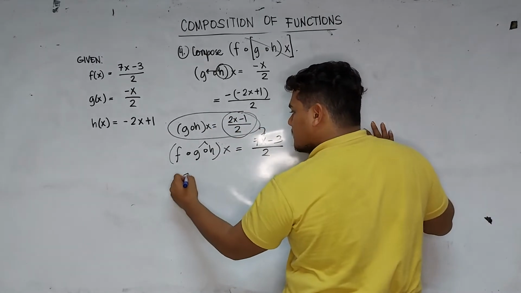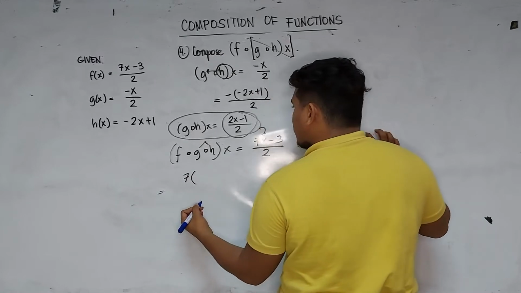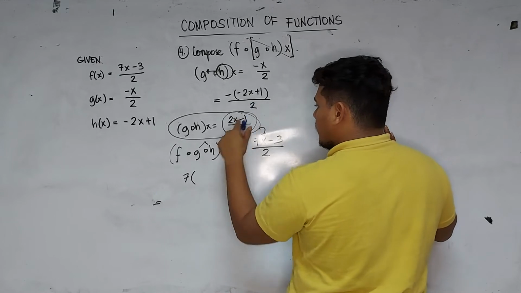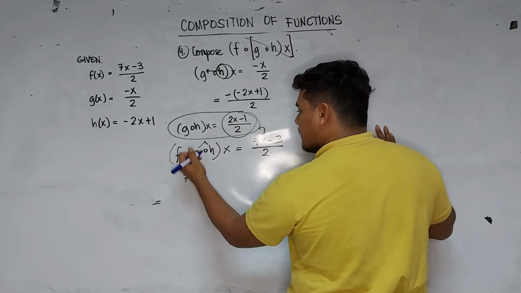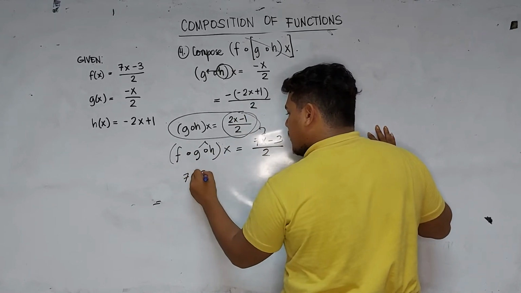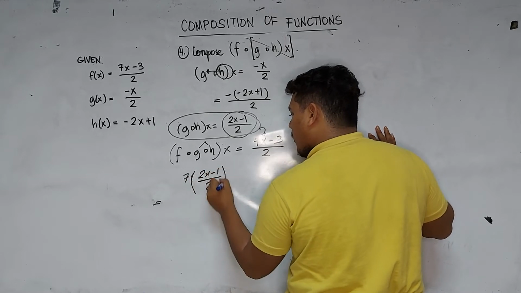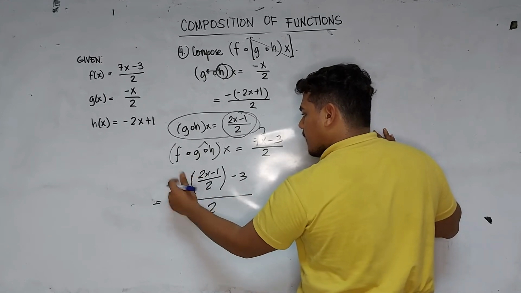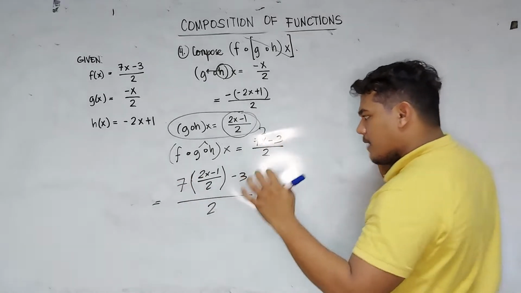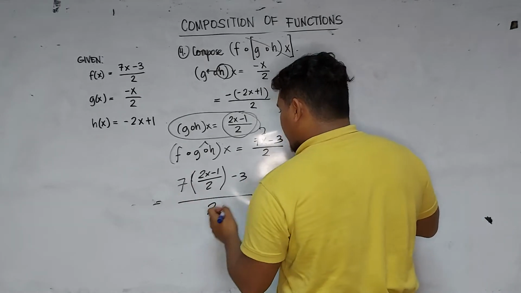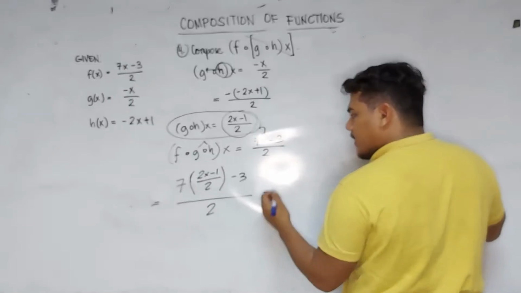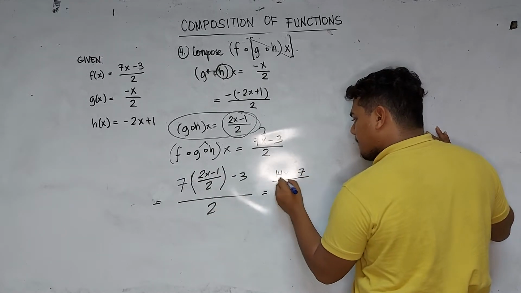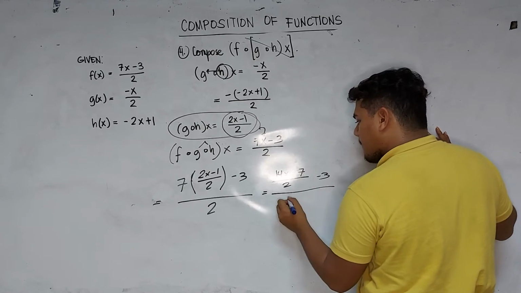So this becomes 7 times 2x minus 1 over 2, minus 3 over 2. Calm, if you think it's difficult, it's just this. Okay, let's continue. What happens next? 7 times 2x, 14x minus 7 over 2 minus 3 over 2.